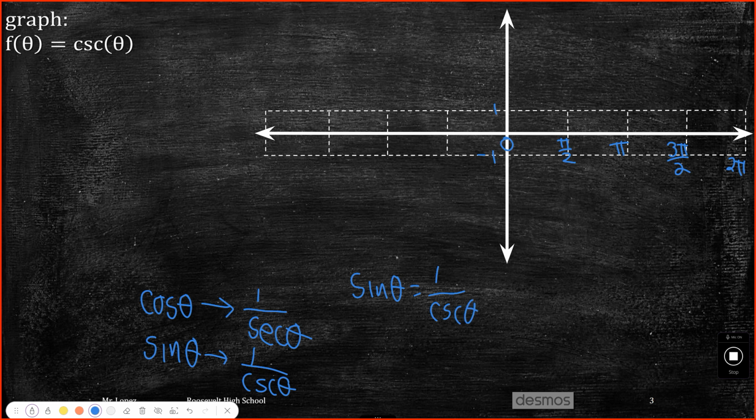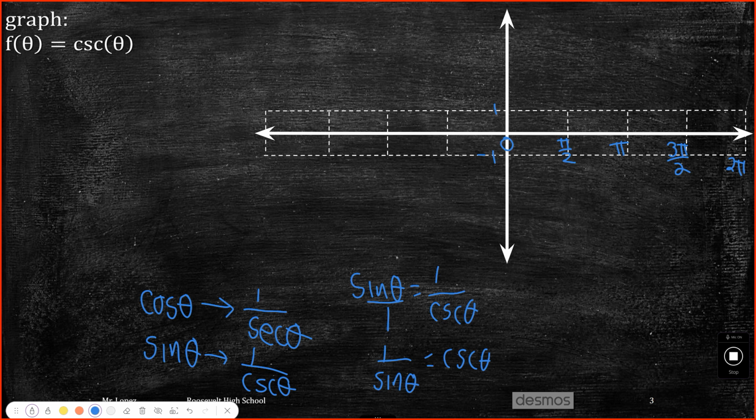Okay, so sine theta equals 1 over cosecant theta, which I can flip and say that 1 over sine theta is equal to cosecant theta. So cosecant theta is 1 over sine theta.